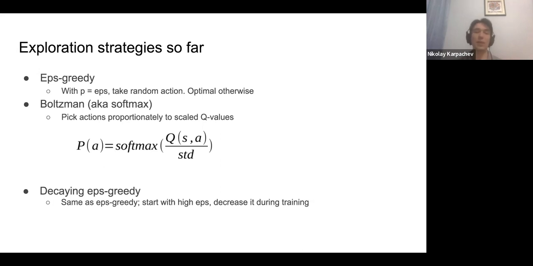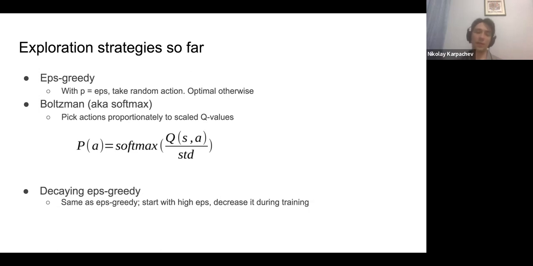This means that at each step we'll have estimates of what is good. They may be imperfect. So with 95% we'll do what we think is better, and with 5% probability we'll do some random stuff.